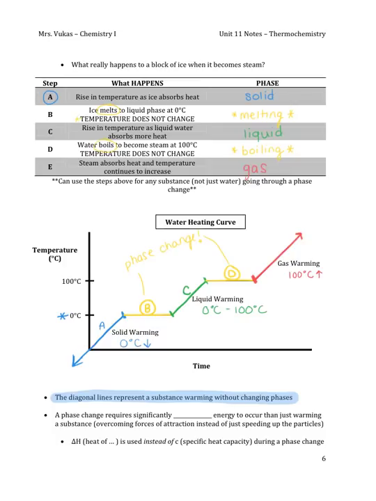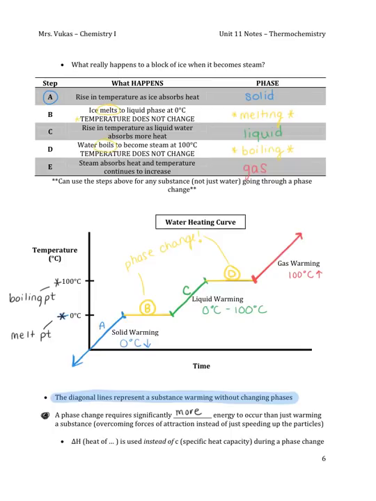So these numbers, the 0 degrees and the 100 degrees, remember those are important, because 0 degrees is the melting point of ice or water, and 100 degrees is the boiling point of water.